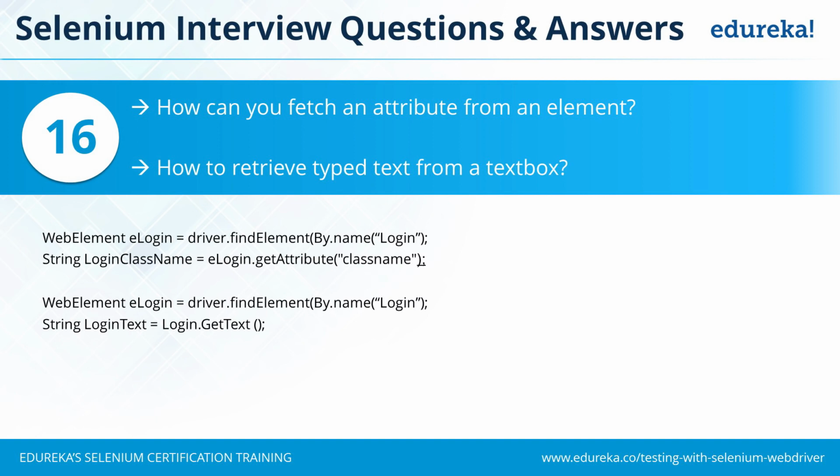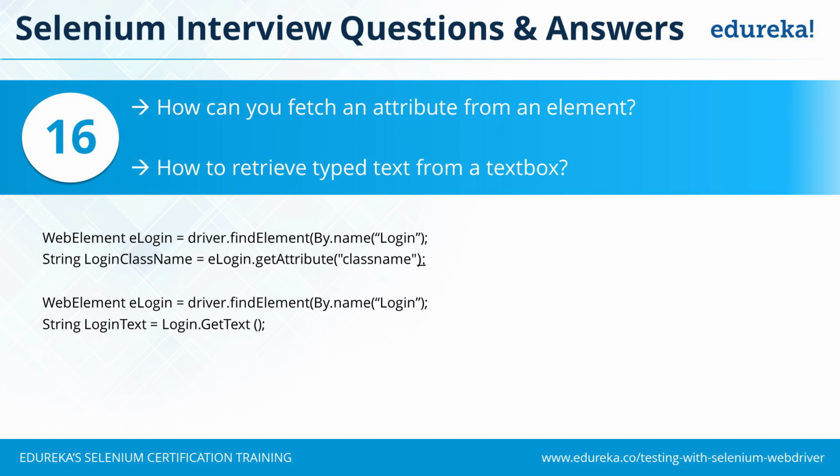So I say elogin.getAttribute and pass the parameter as className. The getAttribute method is going to return me a string value, so I should capture that string value so that I can utilize it for further validations and verifications. So I say String loginClassName = elogin.getAttribute("className"). Whatever class name is returned by the getAttribute method gets stored in loginClassName now.